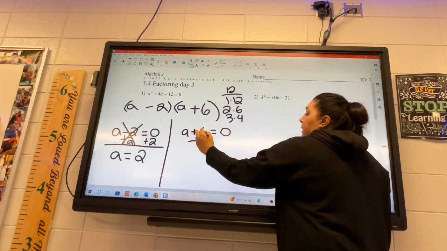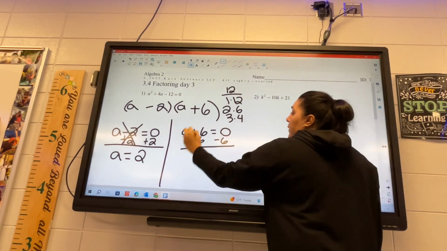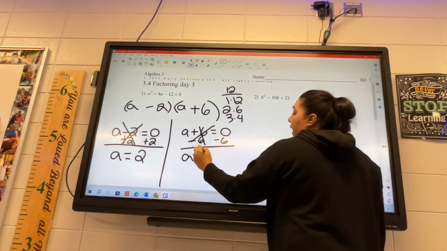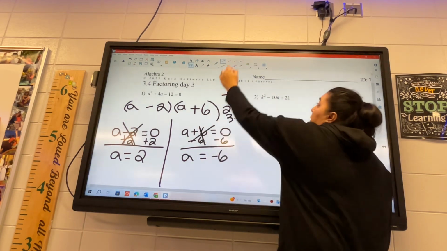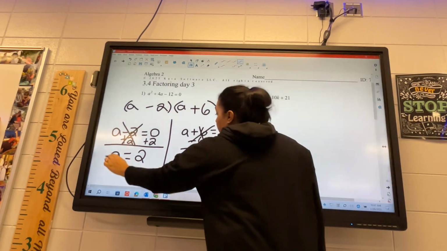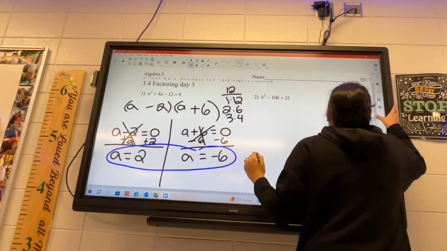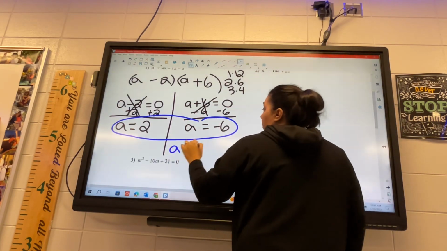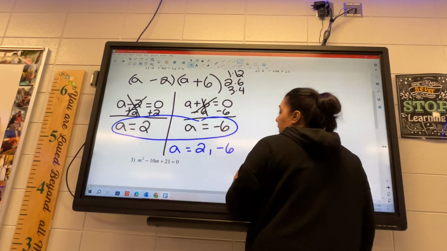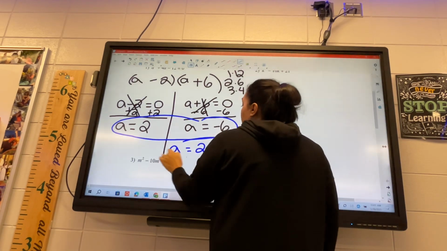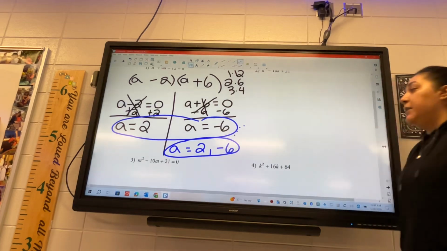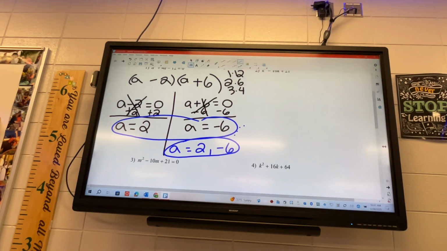A minus 6 on both sides. So we get a equals negative 6. This is actually our answer, and how you would write it is a equals 2 comma negative 6. But if you leave it at this step, it's totally fine. Either way would work.